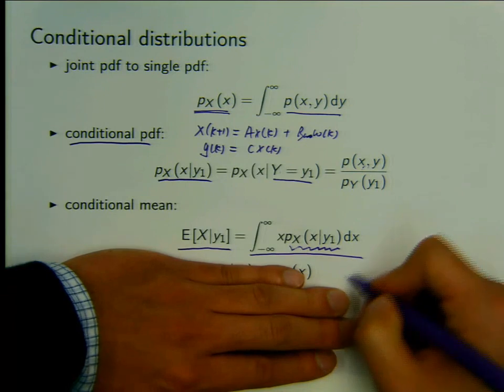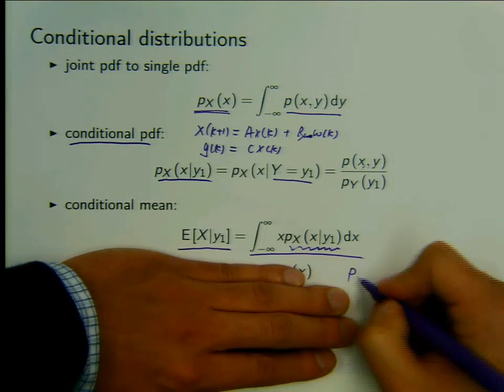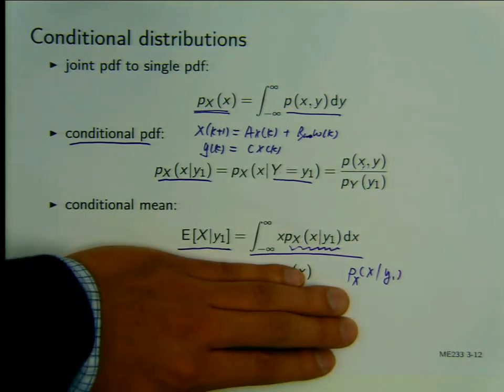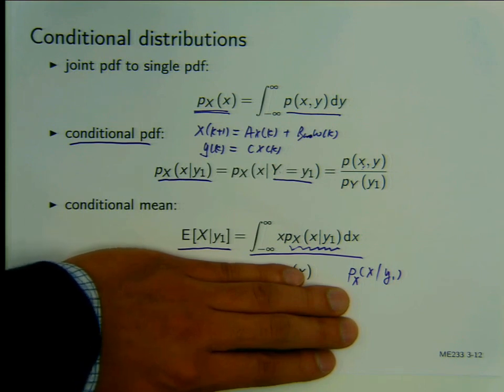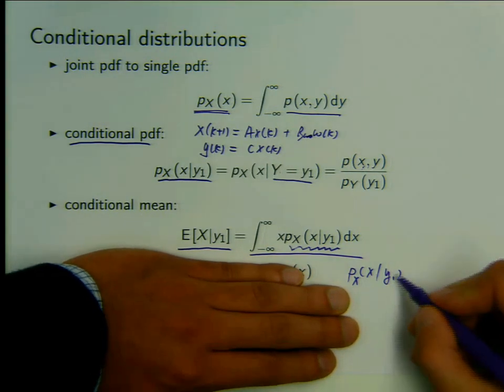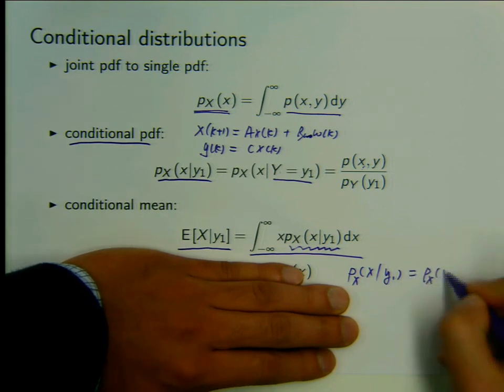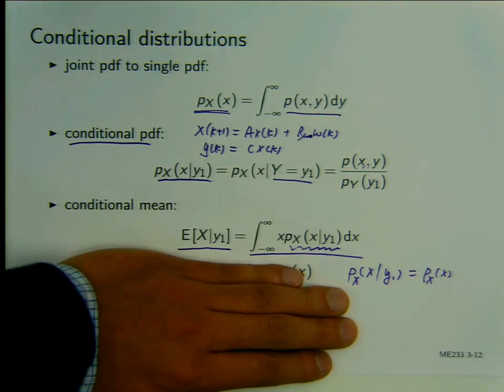As a matter of fact, let's try to see more details of this conditional PDF. What will happen if X and Y are totally independent? What will this guy be? If they're totally independent, I give you a value of Y1. I give you something in another world. We cannot infer anything in this world here.